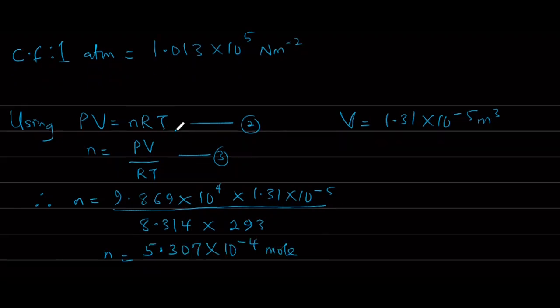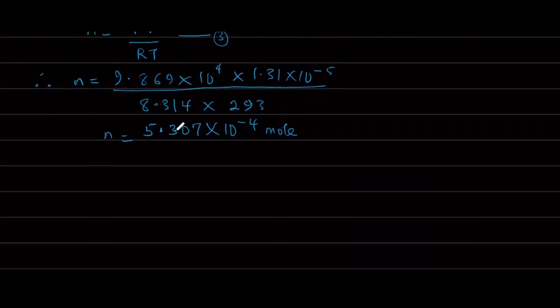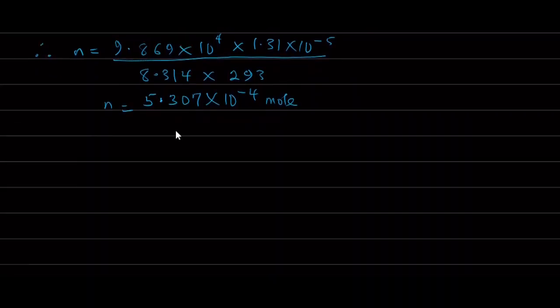Now that we have gotten the value for n, we have to solve for molecular mass, since the question demands that we evaluate the molecular mass. So we recall that n is equal to mass over molecular mass of the gas.